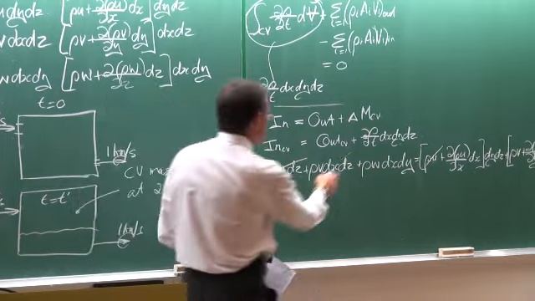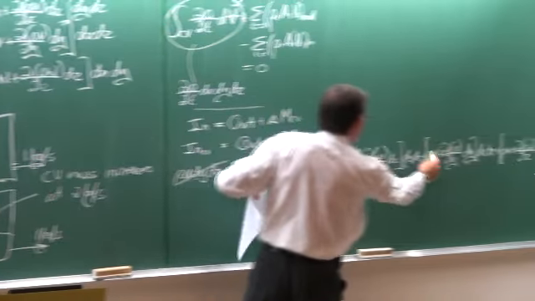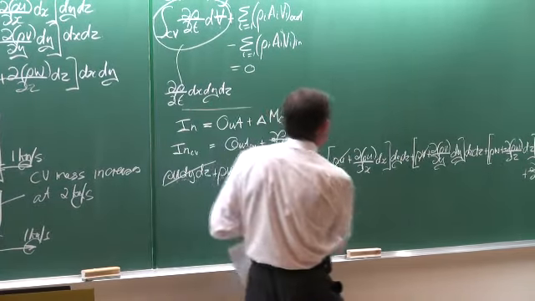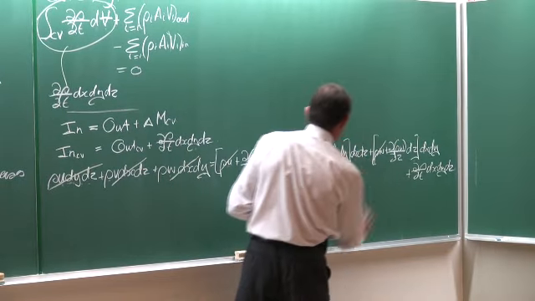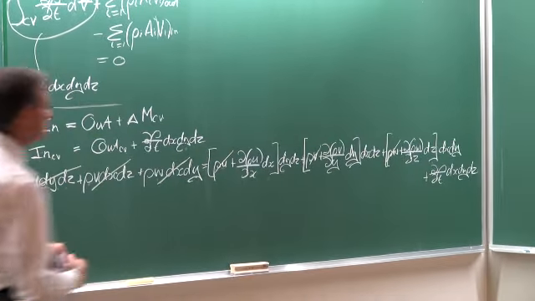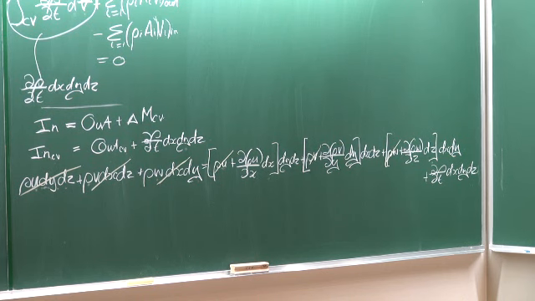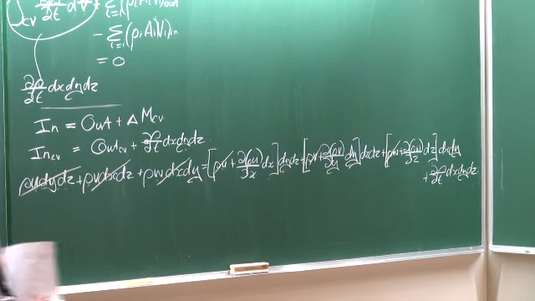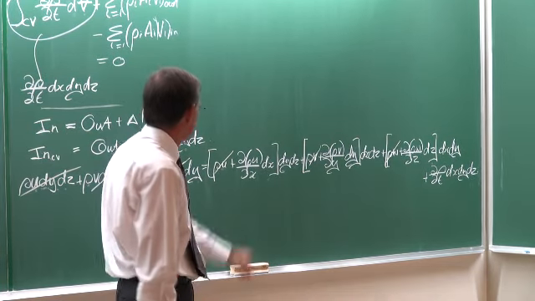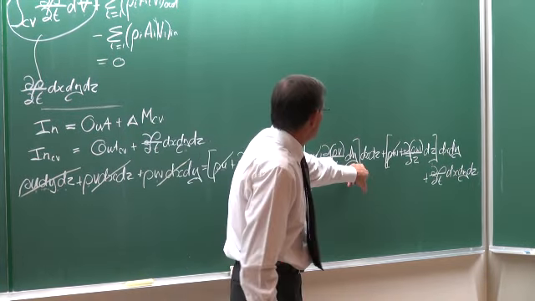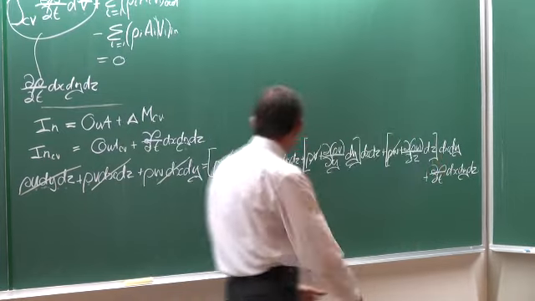We can do the same with this term. It is equal to that one, and that term is equal to that one there. What is left behind? These three terms here.